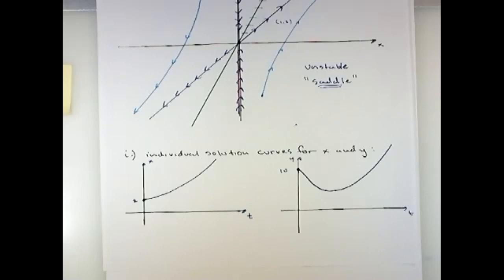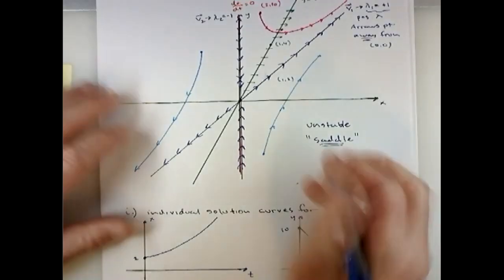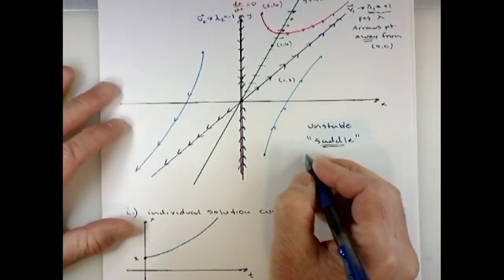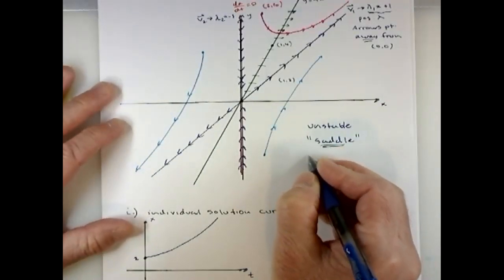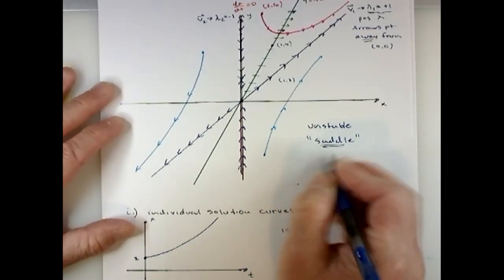So what we want to talk about next, I'm kind of out of time. I'm going to make this a video, and I will run through it. There are 3 scenarios when your eigenvalues are real. One of them is a saddle, which we talked about here, and you'll always get a saddle if your eigenvalues have different signs.